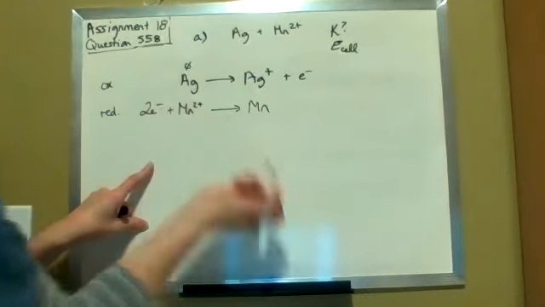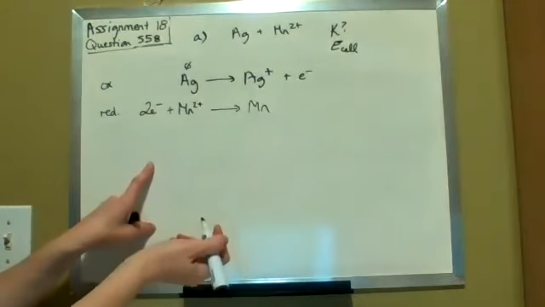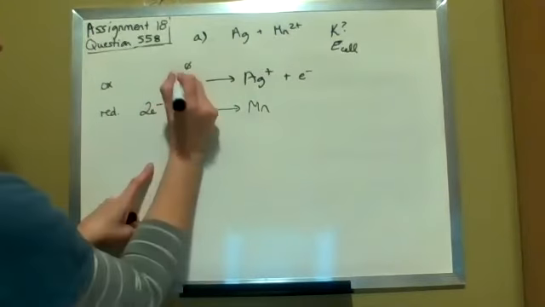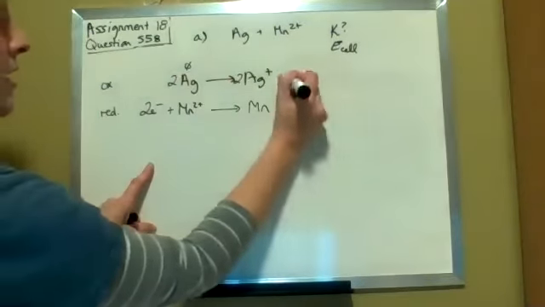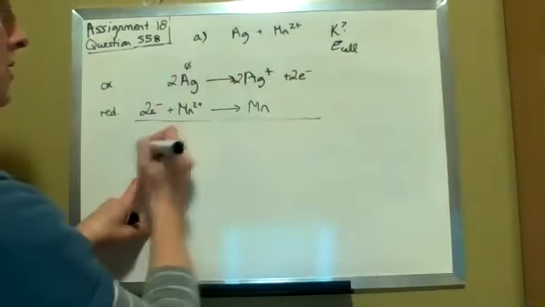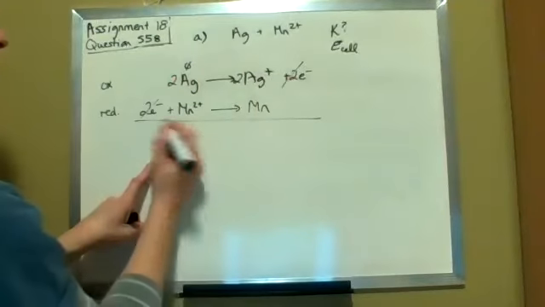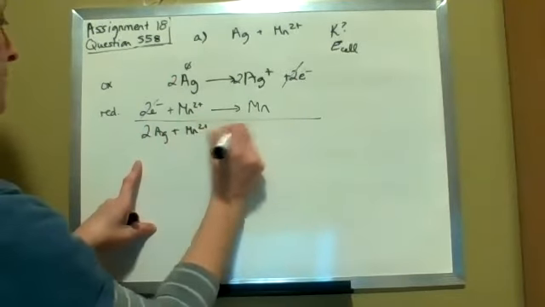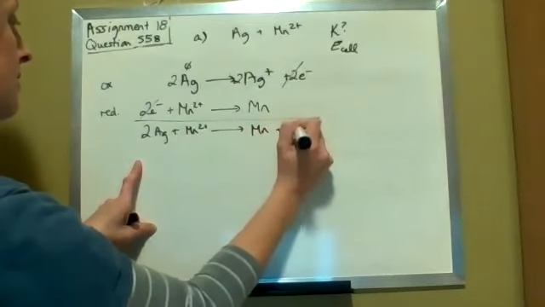To balance, 2 electrons, and that one's good to go. To add the two together, I would have to multiply this one by 2, cancel our electrons, and add everything up.